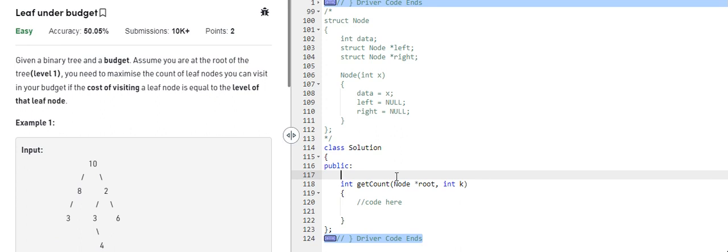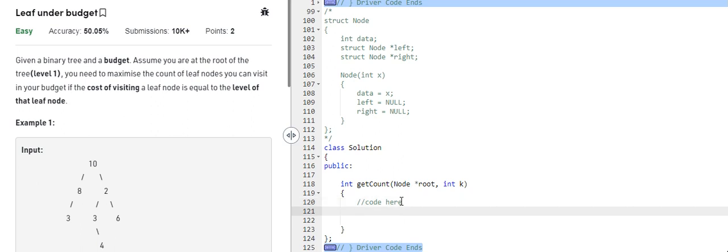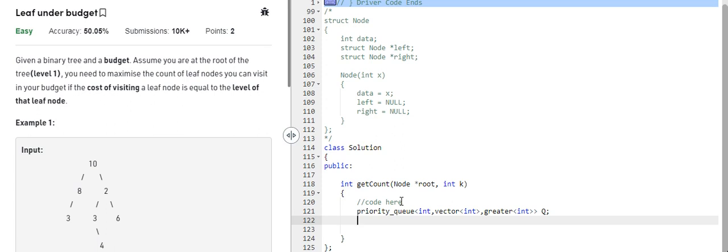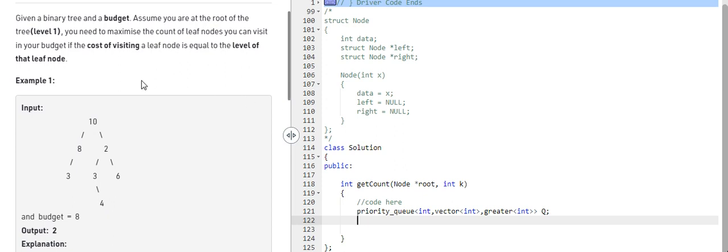Here I write priority queue of Integer, and let's say the name of the queue is capital Q.